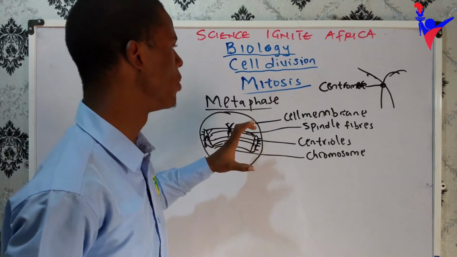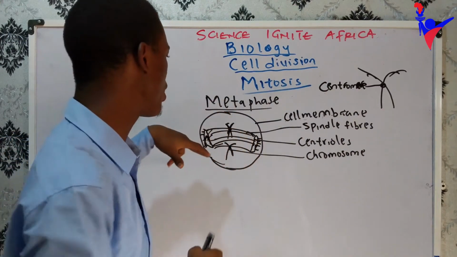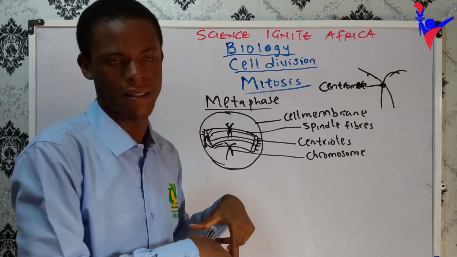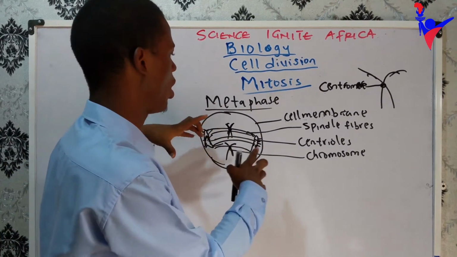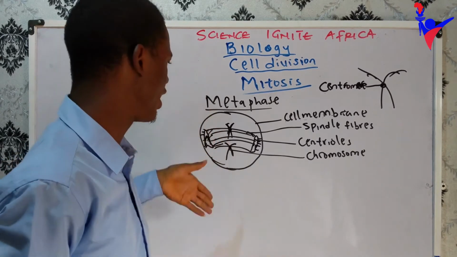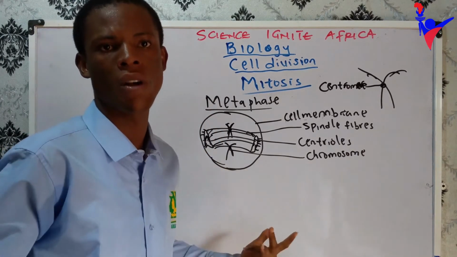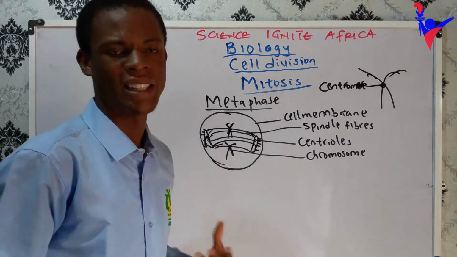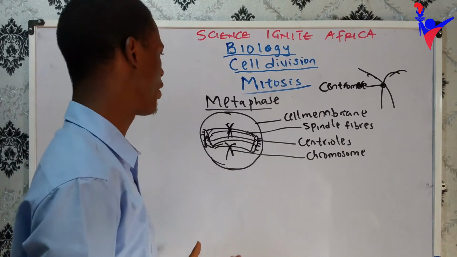So your chromosome, joined together by the centromere, attaches itself to the spindle fibers of the cell, and they are aligning at the equatorial plate, preparing to move towards the opposite poles, getting ready for the next stage known as anaphase.